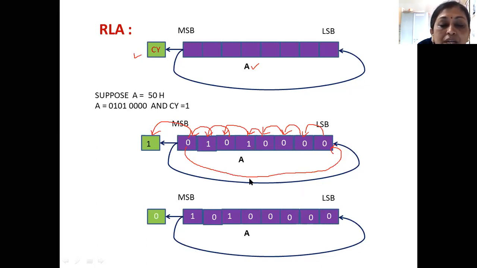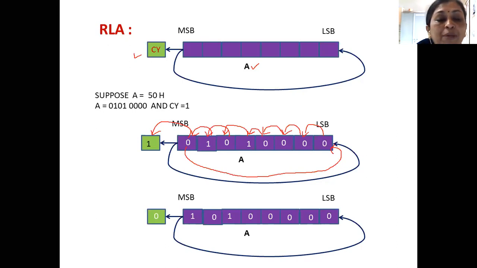After execution of the instruction, your register will contain this data. If you rotate data once, this is how the rotation will take place. Each bit will be shifted to its left bit by 1 position, and MSB will go to LSB. MSB will also go to the carry flag.